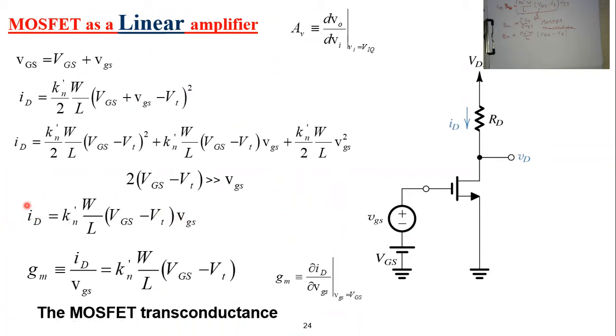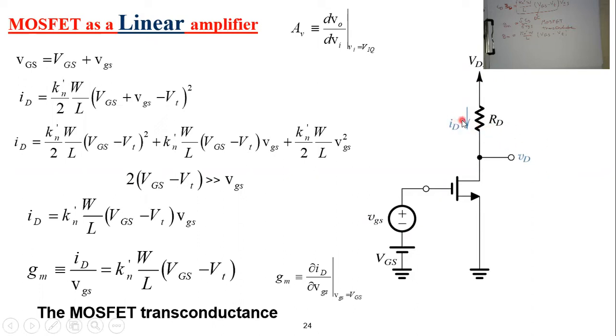So actually, the answer is very easy. Let's go to this branch. The VD is equal to what? You know that VDD minus VD equals ID times RD. So this simply means that VD and ID are linked together.